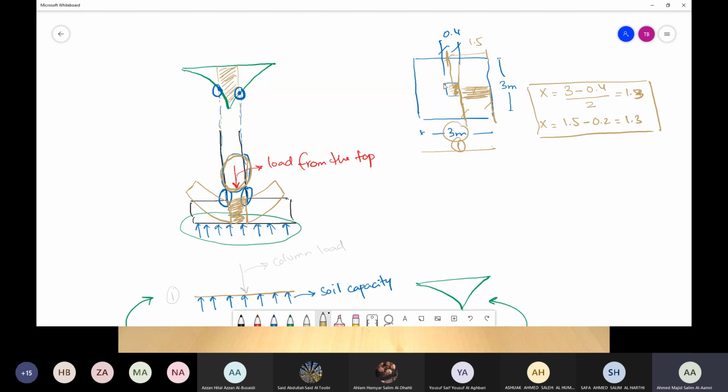Now what about the other direction? In case of, for example, y, you will see in this scenario that it's the same once again as 1.3, right? As 1.3.